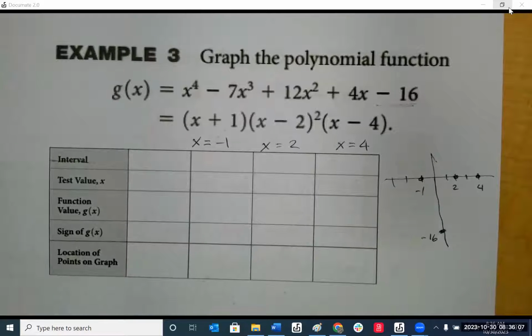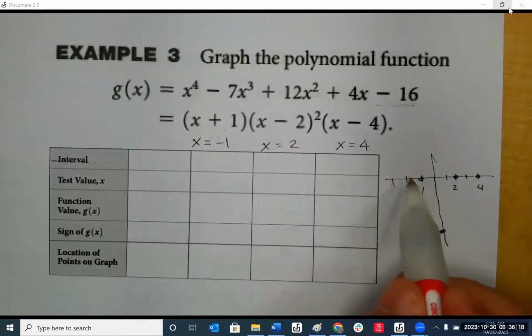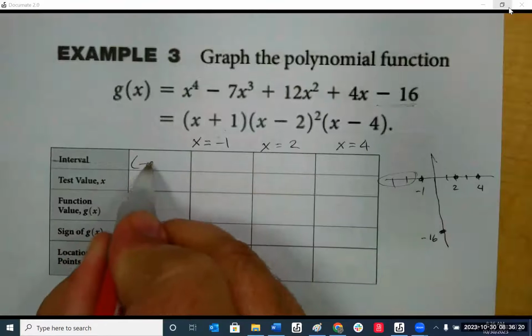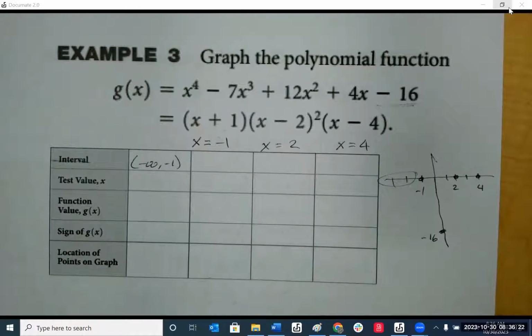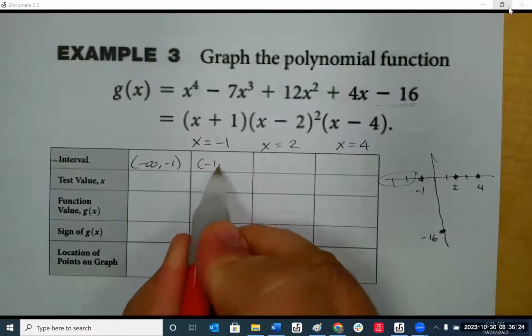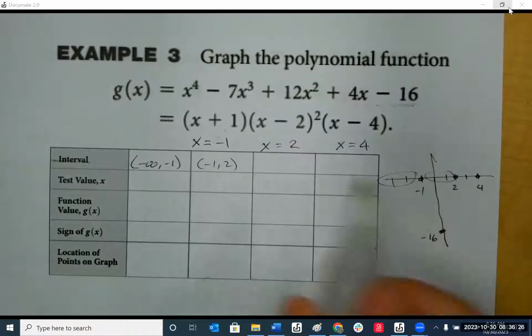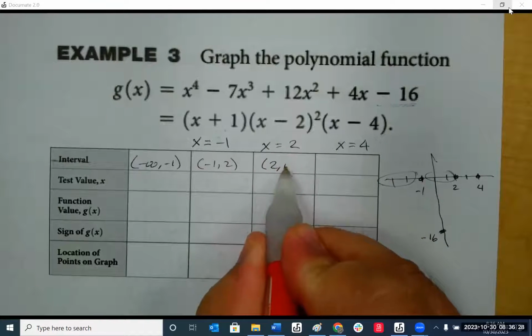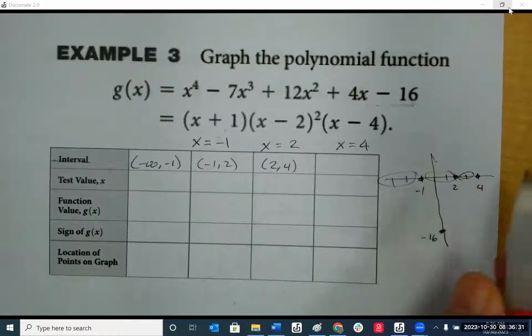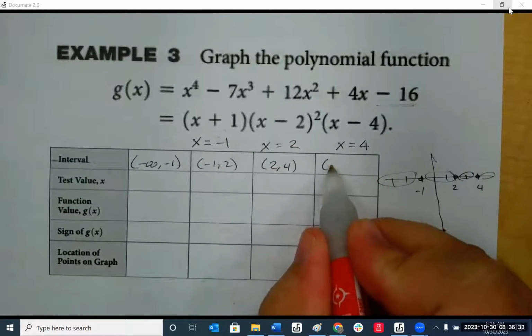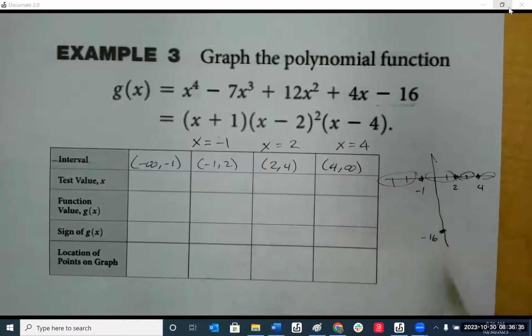So what are my intervals? Very good. -infinity to -1. Excellent. Perfect.